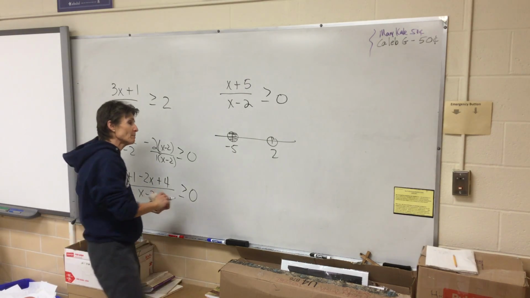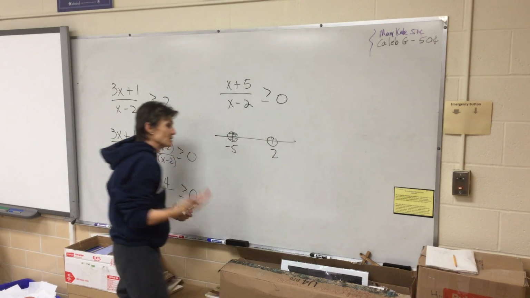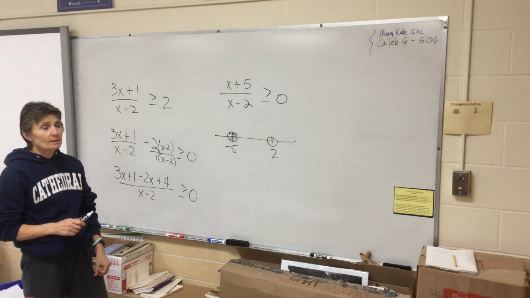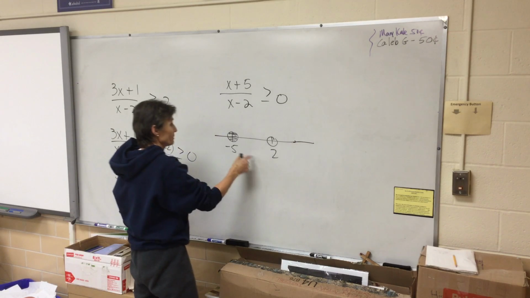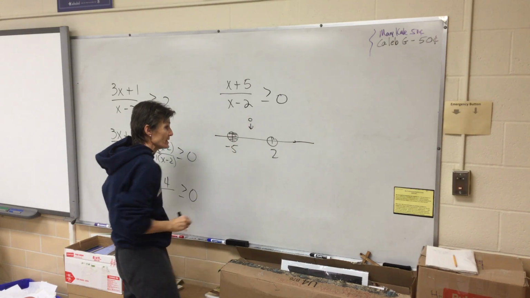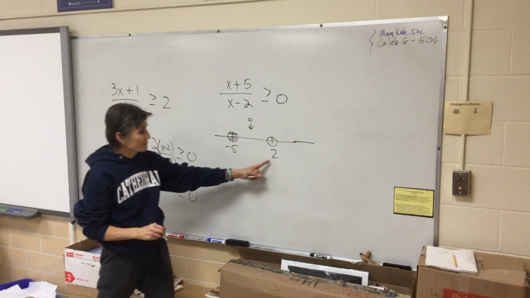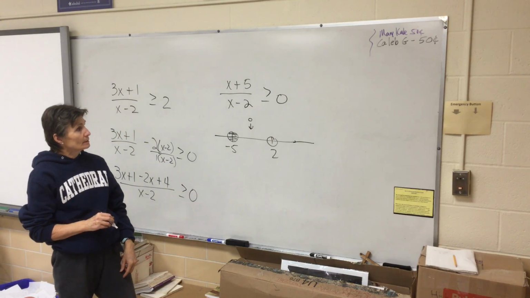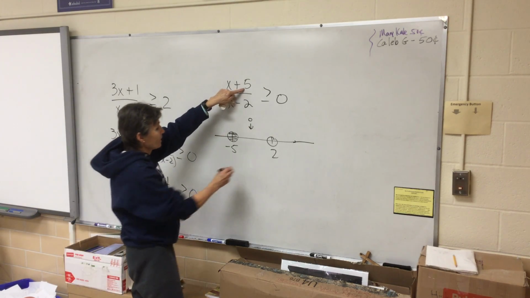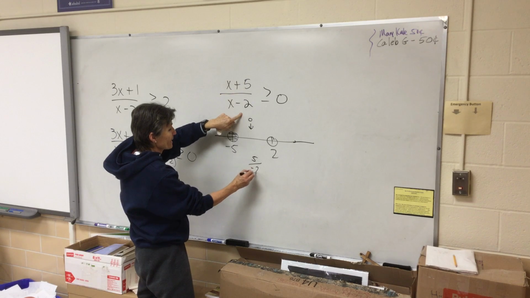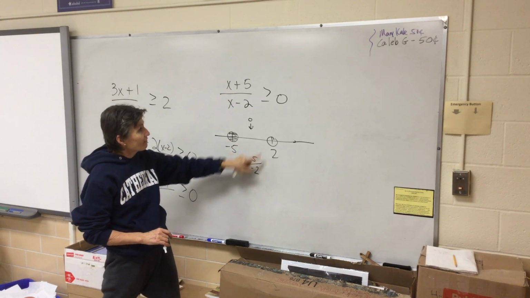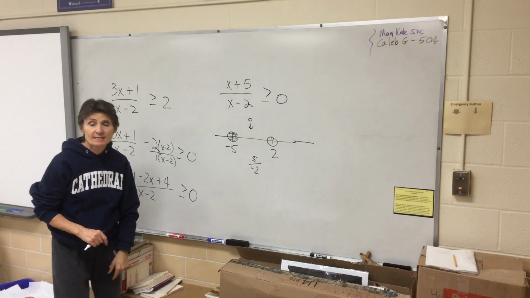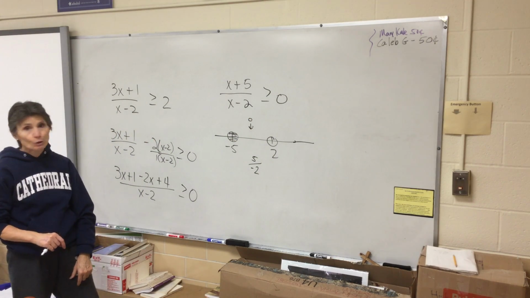And now I know I'm going to shade every other, I just don't know where to get started. So I'm going to plug in 0. You can plug in anything you want. 0 is right here. 0 is in between these two. When I put in 0, I get 5 over negative 2. Is negative 5 halves bigger than 0? Nope.